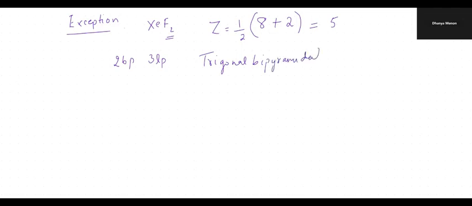Now here I have 3 of them in the same plane, 1, 2, and 3, in the same plane, the equatorial positions. I will keep the lone pairs over here in the same plane. So this is the lone pair of electrons. This is the lone pair of electrons.